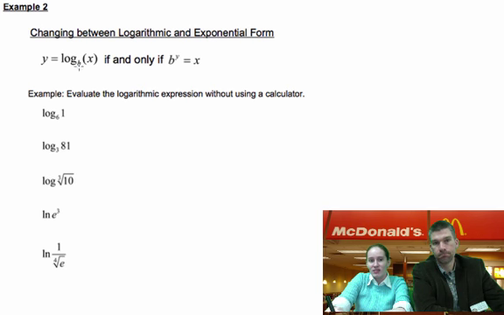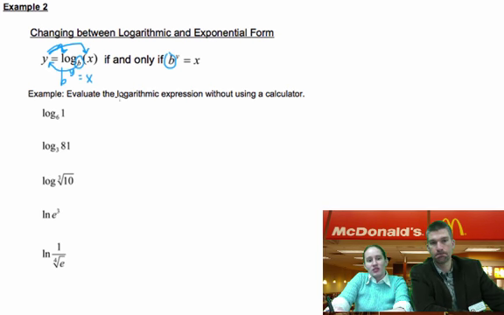And in either case, you always want to start with the base, wherever it is, and then go in a circle. For example, if you're doing y equals log base b of x, you start with the base, and then you go in a circle: b to the y equals x. And remember, a logarithm is equal to its exponent, so that should help you organize a little bit what's going on.